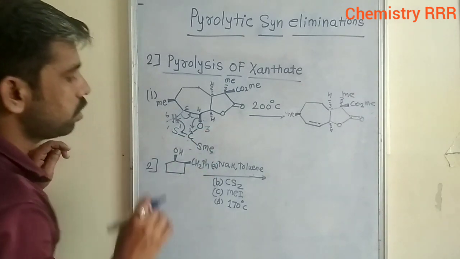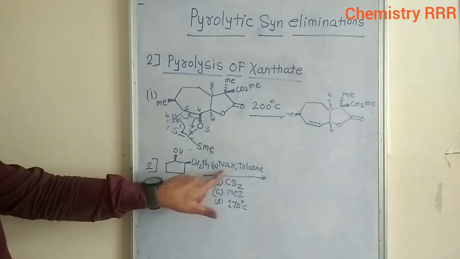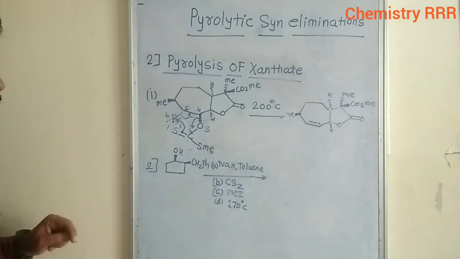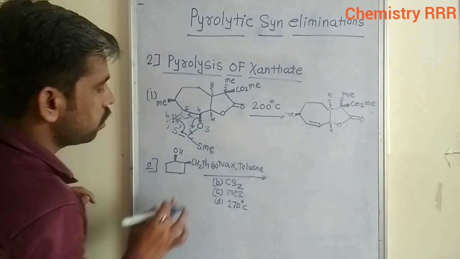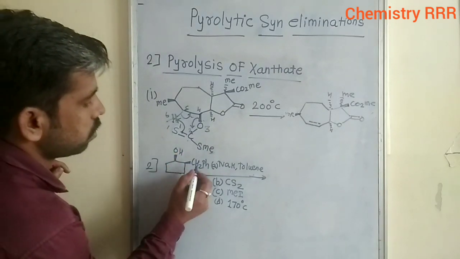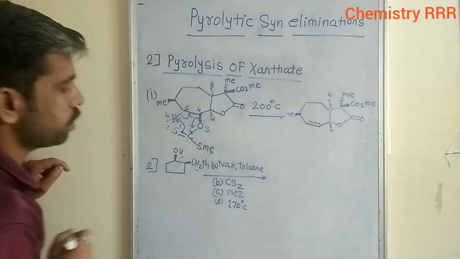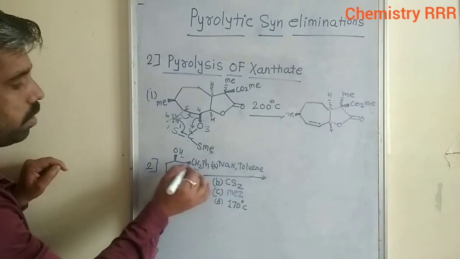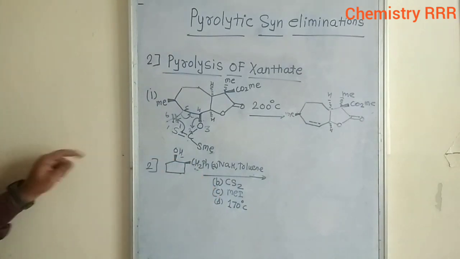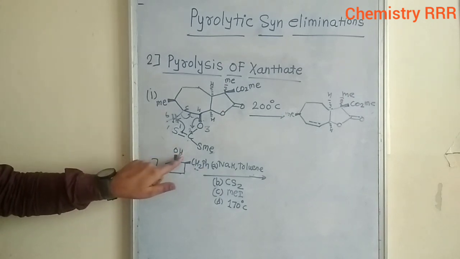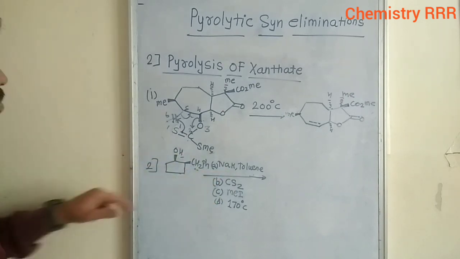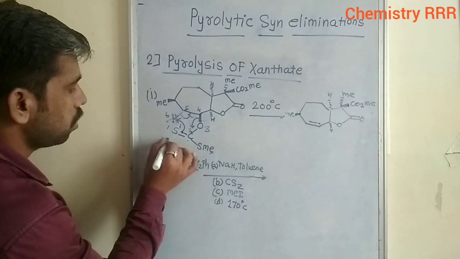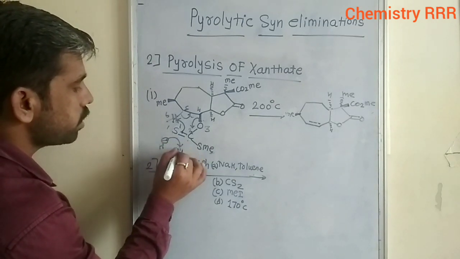In the second example, the first condition is sodium hydride and toluene. Now out of these two hydrogens, the CH2 hydrogen present on this carbon and oxygen is the more acidic hydrogen, so sodium hydride extracts this hydrogen.